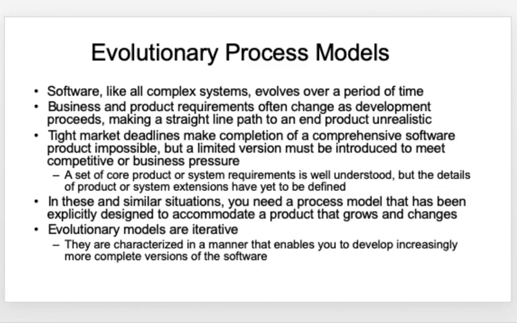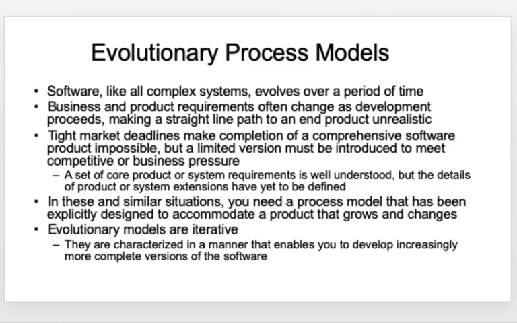Then the next one is called the evolutionary process model. Software, like other systems, is definitely complex, and it only evolves over a period of time. Also, business and product requirements are highly dynamic in nature. So a straight line path is totally unrealistic.